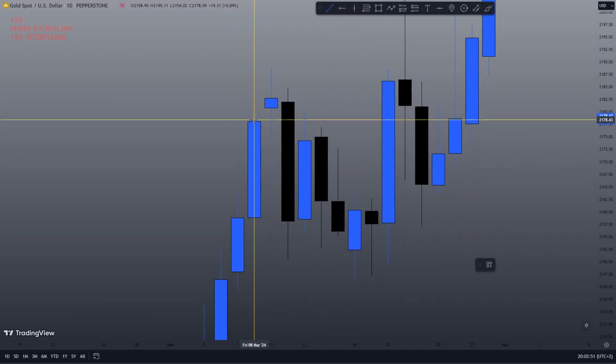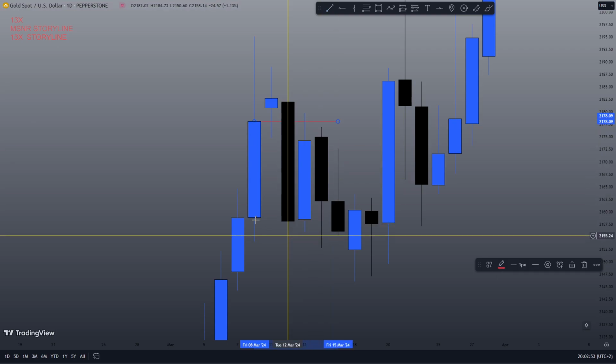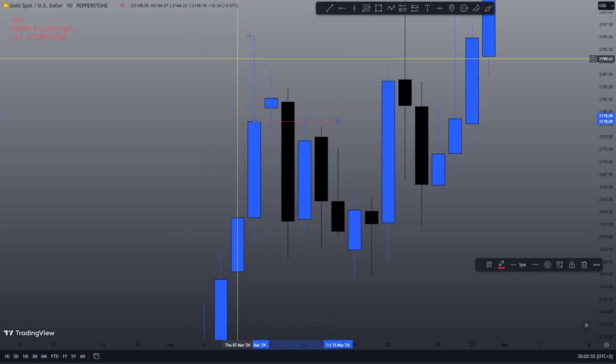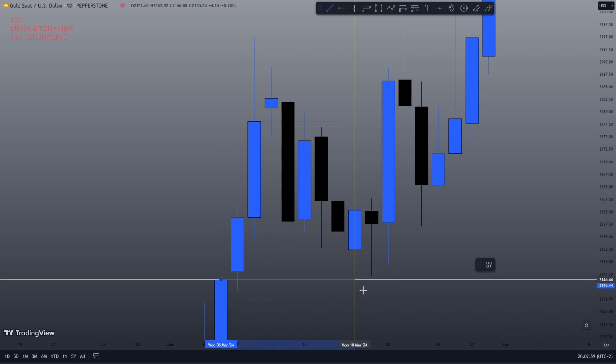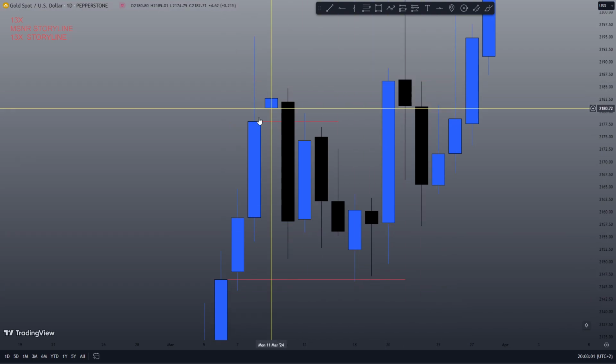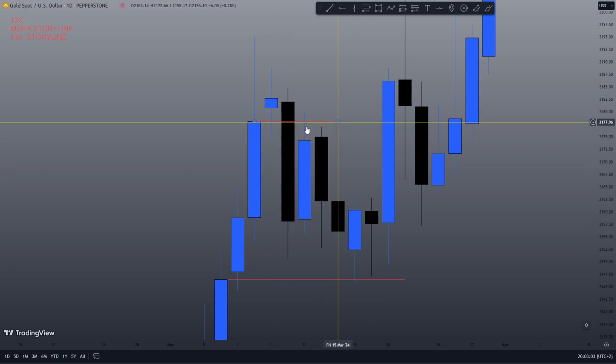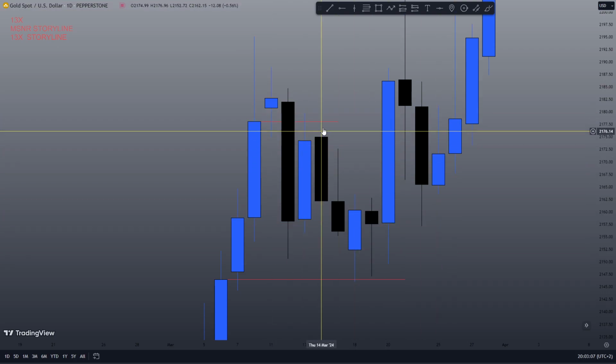Let's see here, price reacted from this daily level, and down it reacted from this daily level. Let's see what happened here. So let's begin. We have daily rejection.